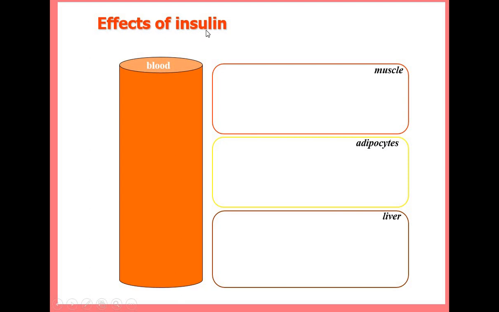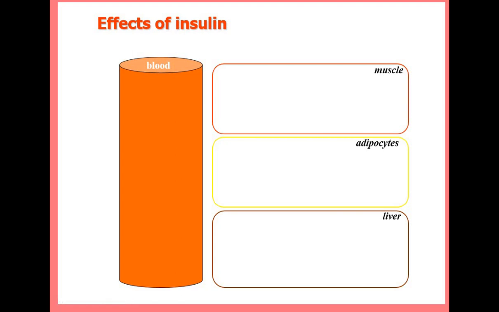Insulin definitely produces action in all body cells, but these are primarily important for us because in muscle you need a very high amount of energy, right, for muscular activity, a continuous requirement for energy. Adipocyte, as I told you, is the site for the major metabolism of lipid, right, extra energy, extra carbohydrates get converted to fat here. And finally you have the liver, which is the metabolic center of the body.